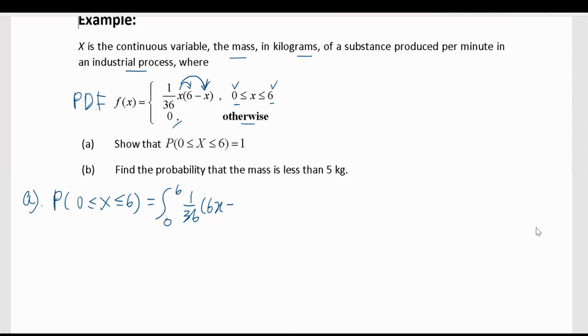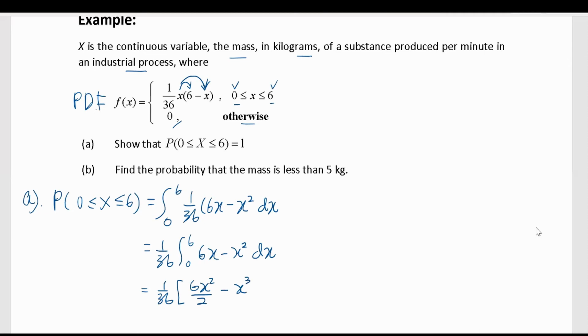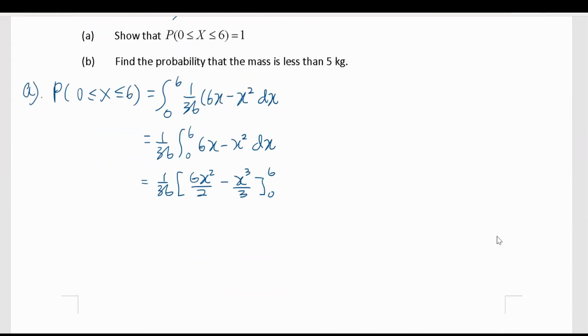Let's quickly carry out the integration, and then we sub in the limits.